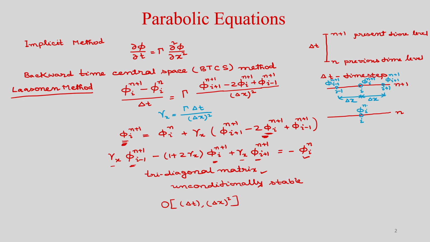So, obviously, as it is an implicit method and unconditionally stable, you do not have any time step restriction. So, delta t you can choose a larger value. But obviously, in terms of accuracy there is some limitation, because if you choose higher delta t, truncation error also will increase.